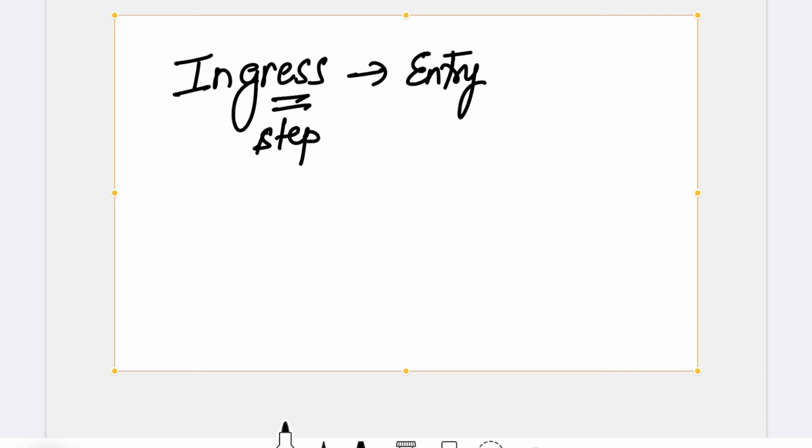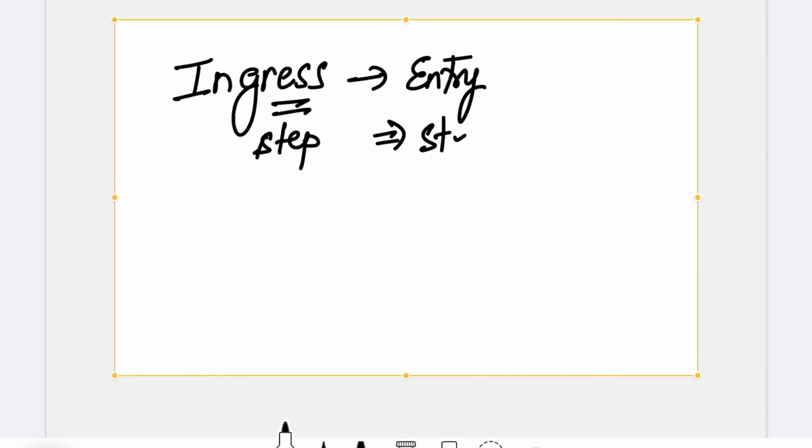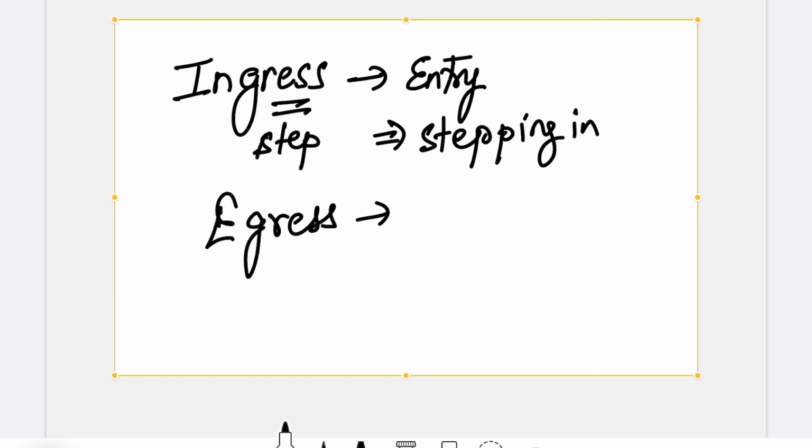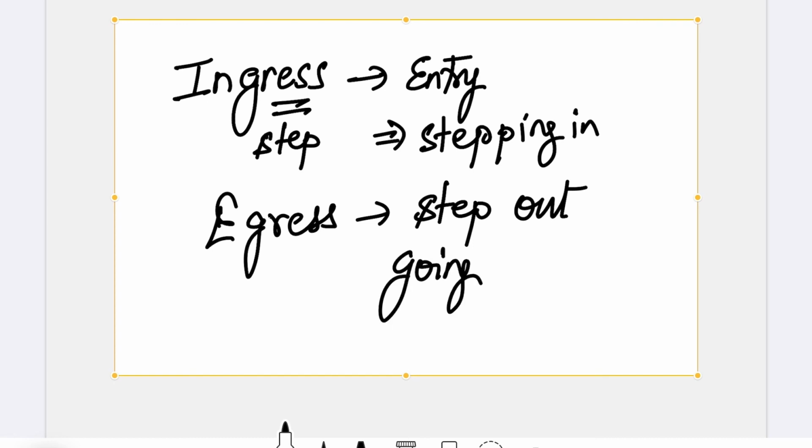So when you are entering something, entering into a building, entering into a park, entering into school, when you are stepping in, the word we use is ingress. Okay, now once we know this word ingress, what about stepping out? Stepping out is egress. It means to step out, going out. This is egress.